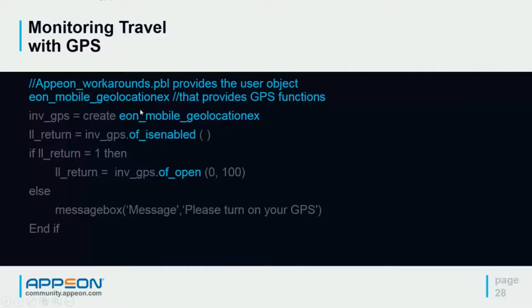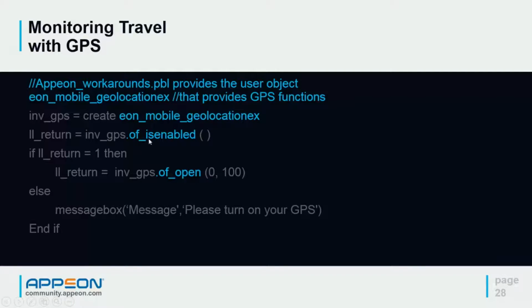For the monitoring, the Appeon Workarounds provides the user object Eon Mobile Geolocation X, but that's basically providing the GPS functions. When you create an instance of the Eon Mobile Geolocation X and put it into this variable, the first function that you need to call is enabled.